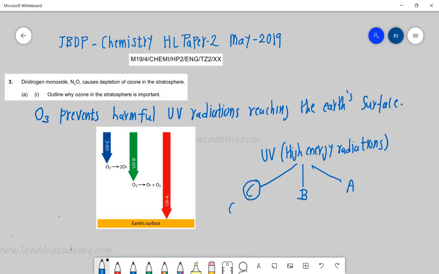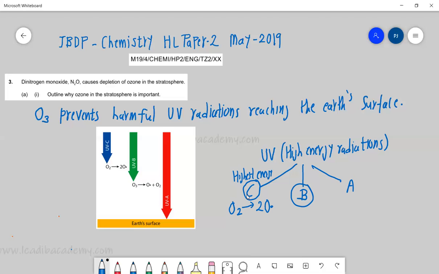Oxygen gets split into two oxygen free radicals, while ultraviolet B is taken care of by ozone. C is the highest energy amongst ultraviolet, followed by B.